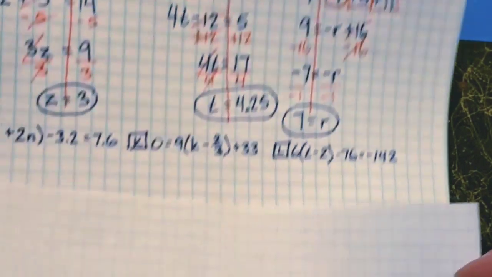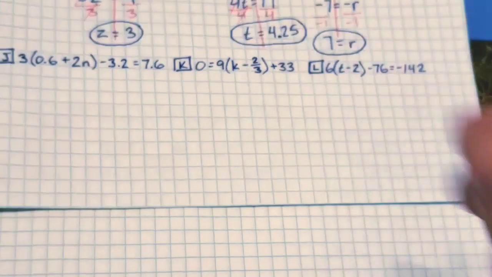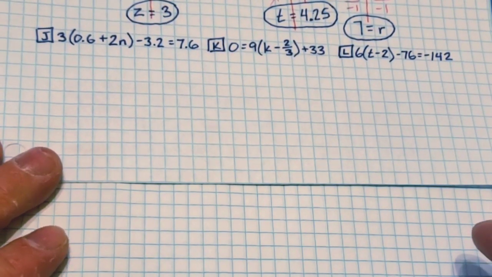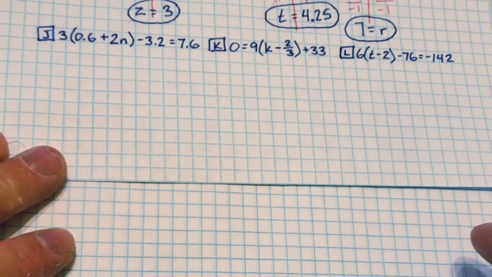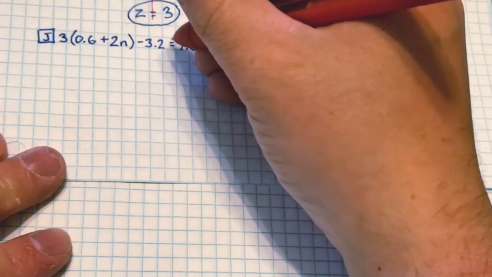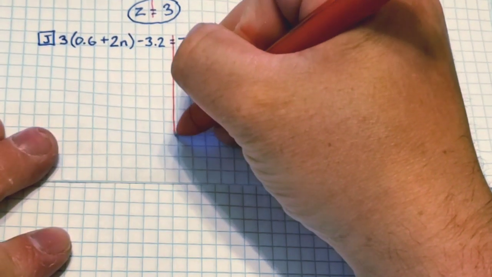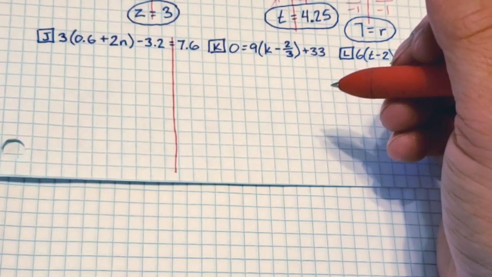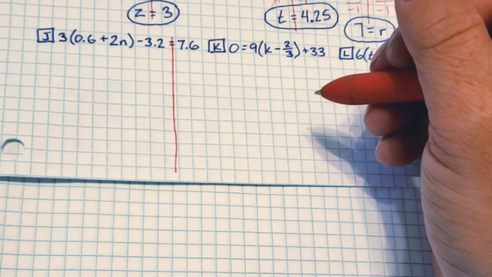Three more that have the distributive property. Letter J says 3 times (6/10 plus 2n) minus 3 2/10 equals 7 6/10. I'm letting you use calculators, so these decimals should not be intimidating. What are we distributing here?